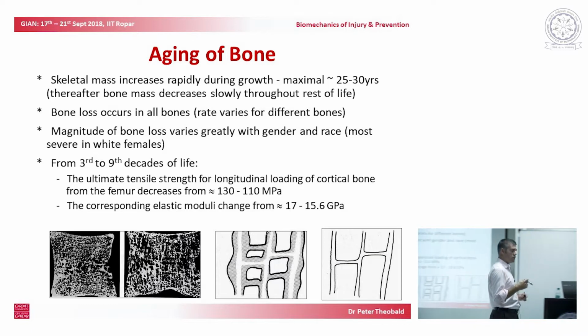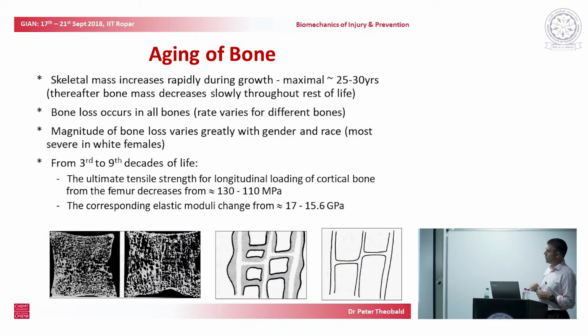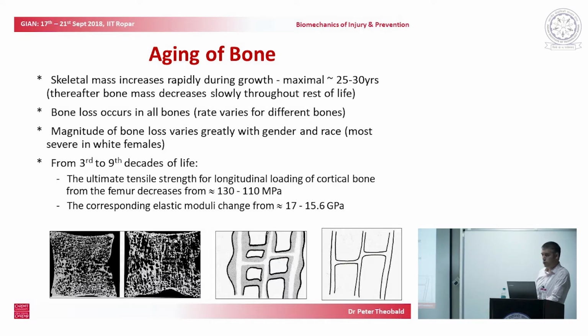And so if we were to look at the statistics of femoral neck fracture, then we would be sure to see that elderly females lead that group of patients. And it's because of this. It's because with age, our bones become thinner and as a consequence weaker.